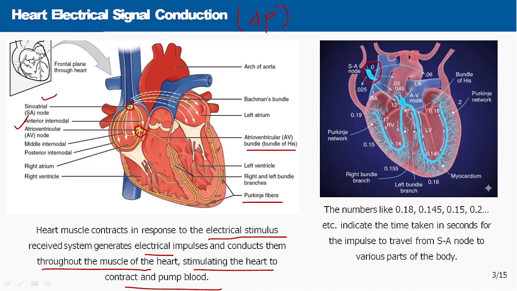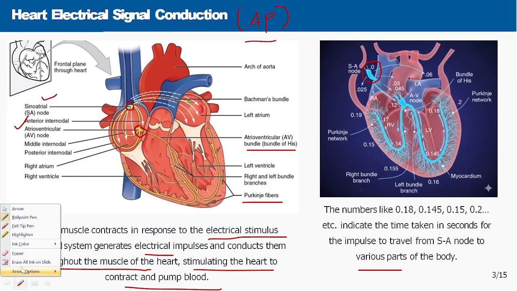So these are the main electrical potentials, or action potentials, depolarizing the atria. That depolarization continues to depolarize the ventricles. Once both the ventricles are depolarized, the repolarization process starts and the ventricles and the atria become repolarized. This is the process through which the pumping action of our heart goes on.